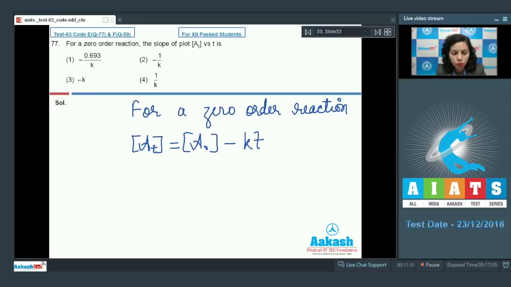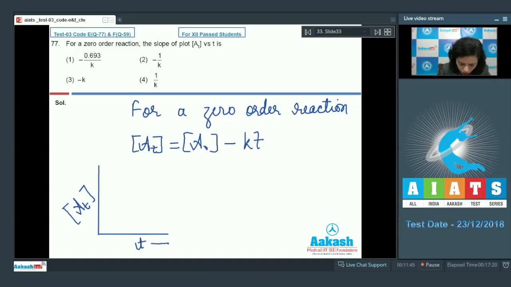This is the formula that we use. And if we plot the graph between these two values, the graph that I'm going to draw here, this is the graph between the concentration at time t with respect to time. I'm plotting it here, and it's a straight line in this way. This is the line that you will obtain.